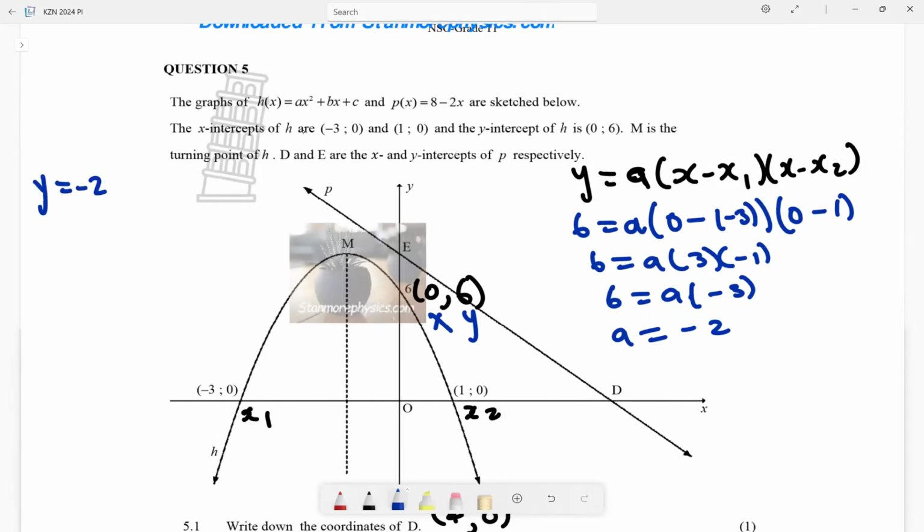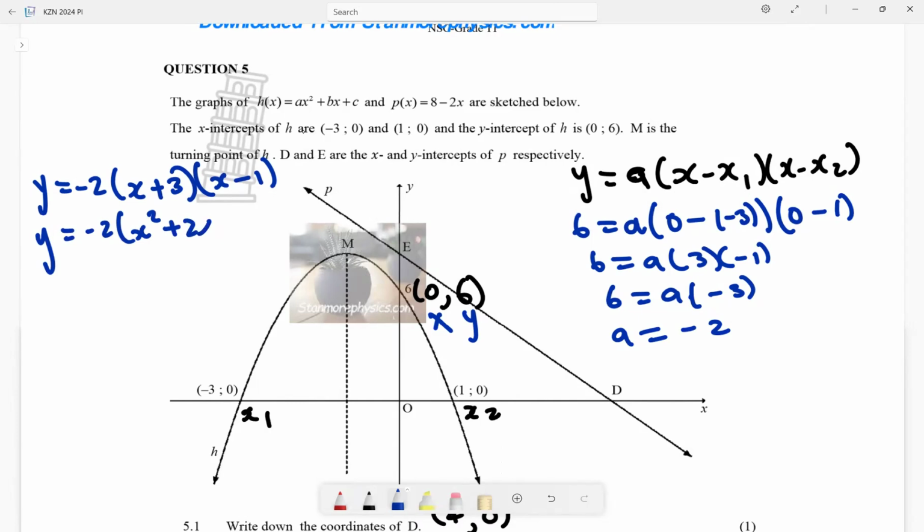So now that we have found the value of a, we can come back and say y is equal to negative 2 times (x minus x1). X1 was negative 3, so it's the same as (x plus 3)(x minus 1). Then just multiply: it will be x squared plus, we'll have negative x plus 3x, which is 2x.